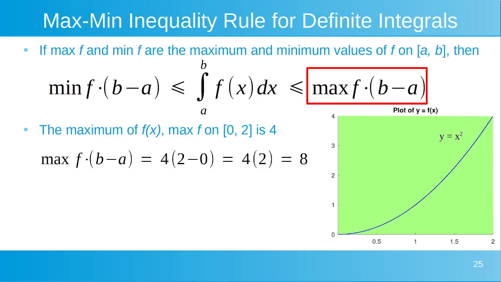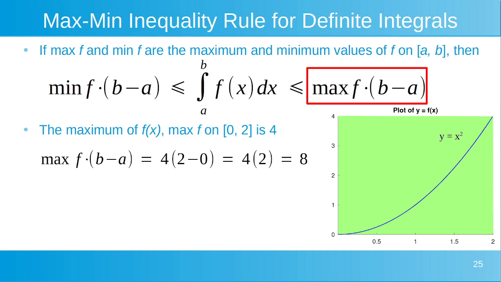So the area of our shaded rectangle is equal to 8, and max f times b minus a is equal to 8.